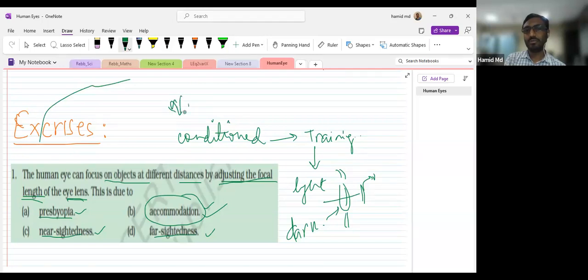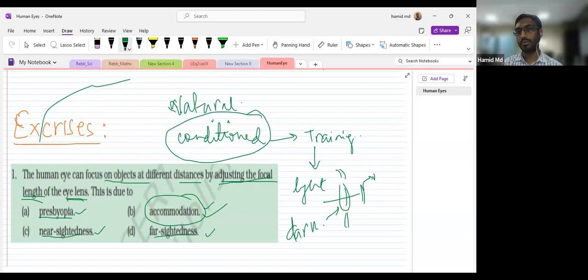The eye is a natural machine. Nature has built us in such a way that our eye can adjust its focal length according to the situation. Got the point?